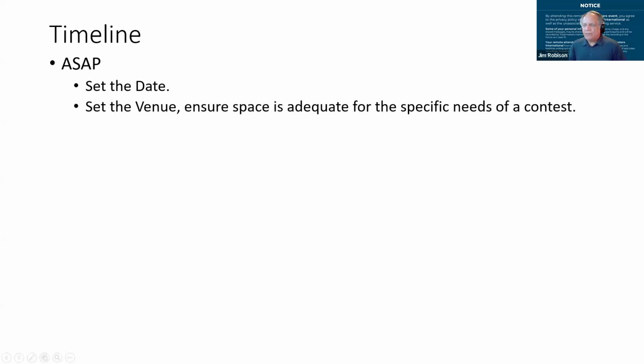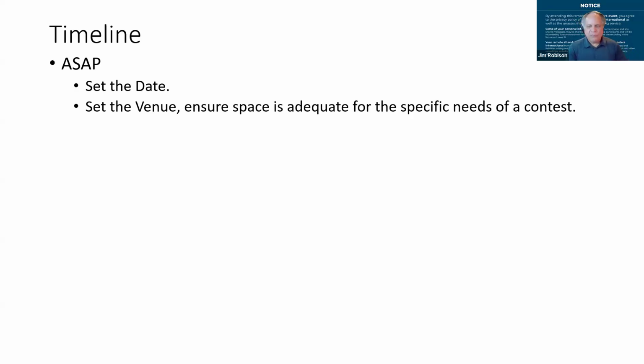When you're setting the dates, be aware of availability of venue so that you're able to make use of a space that is adequate for the contest. When you're looking for a space adequate for a contest, be certain that you're taking into account what type of contest it is. If it's a table topics contest, you need to have a space separate from the main competition room where people can go to, where you can take the contestants out and then bring them back in.